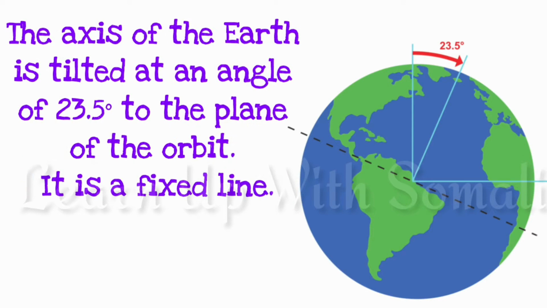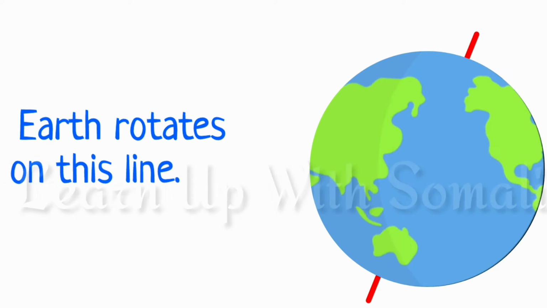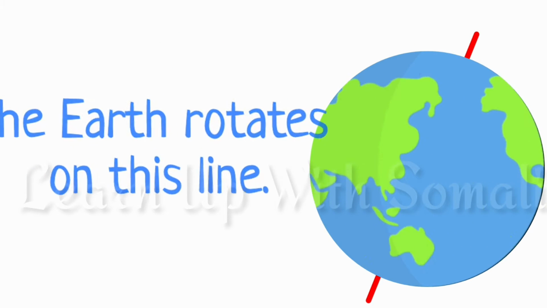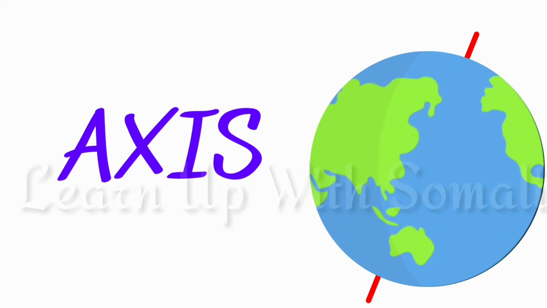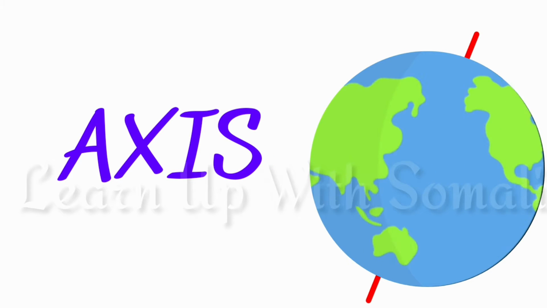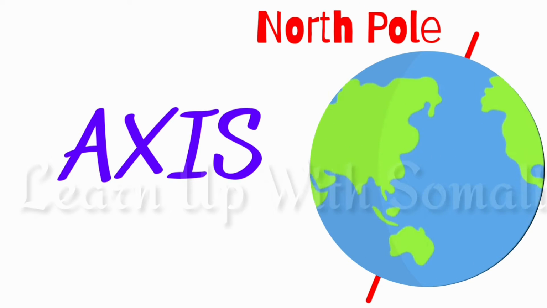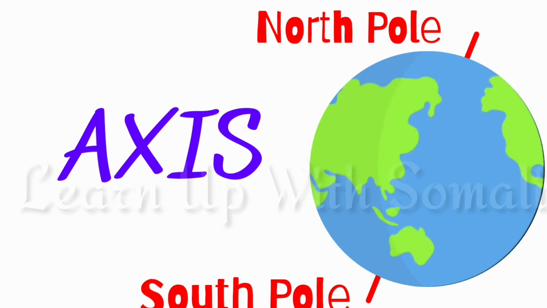The axis is tilted at an angle of 23.5 degrees to the plane of the orbit. It is a fixed line. The Earth rotates on this line. Thus, the axis has two endpoints which we call the North Pole at the top and the South Pole at the bottom.